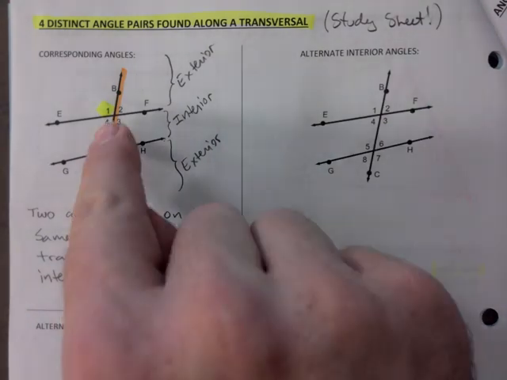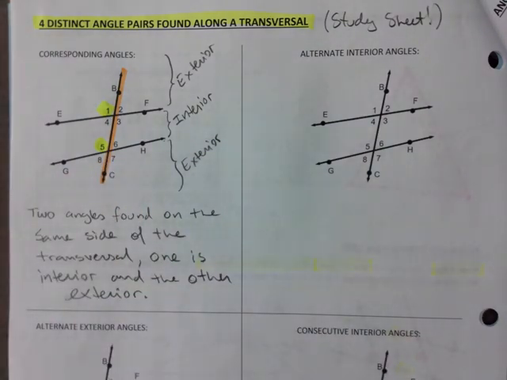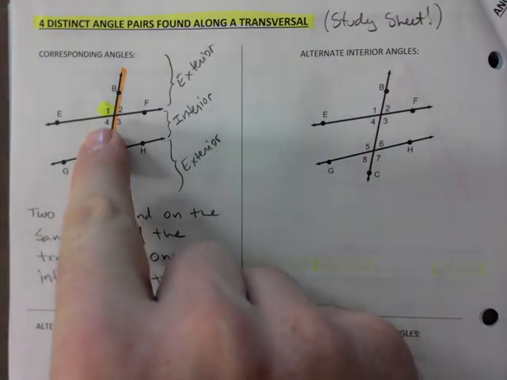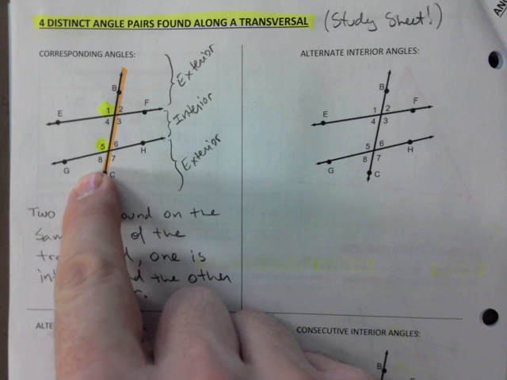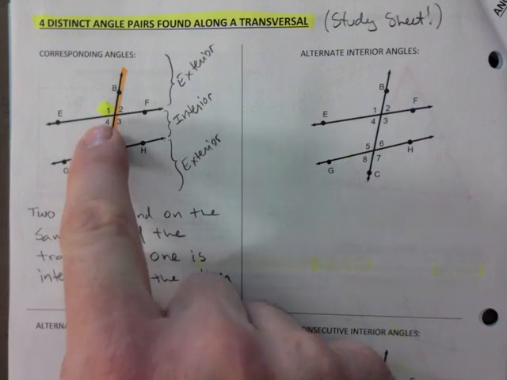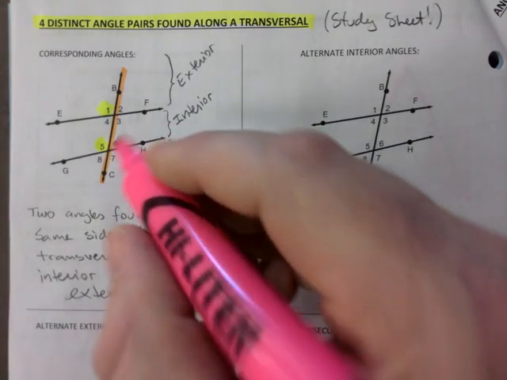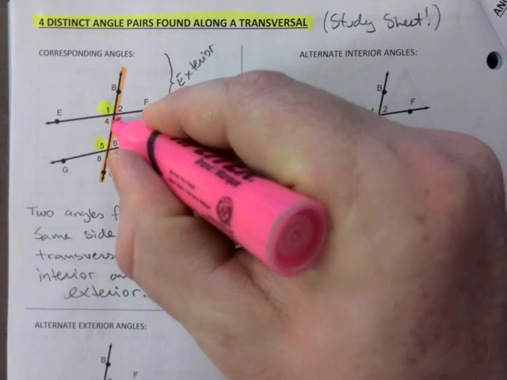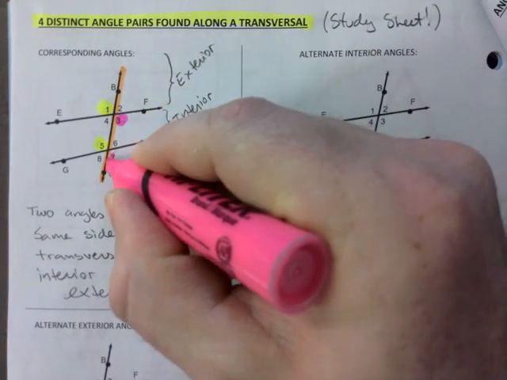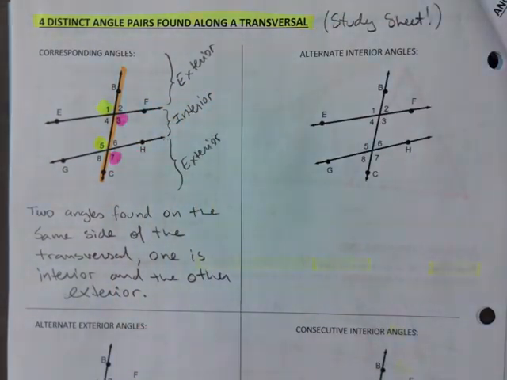I will tell you that 4 and 8 are also corresponding. Okay, 4 and 8, you see that? 4 and 8 also corresponding. Check. They're on the same side of the transversal. One is inside, one is outside. But I'm going to go to the other side of the transversal and show you that 3 and 7 would also be considered corresponding.